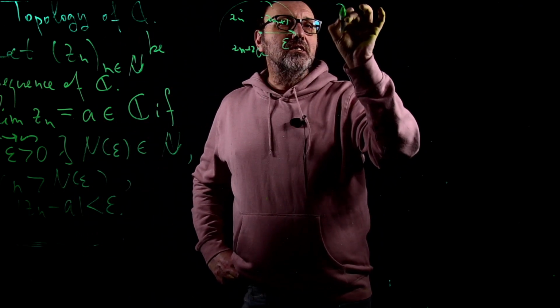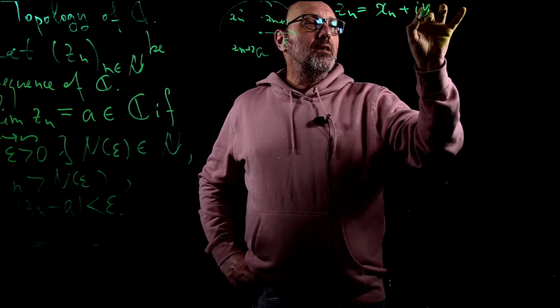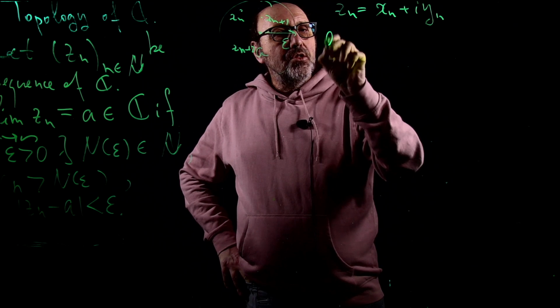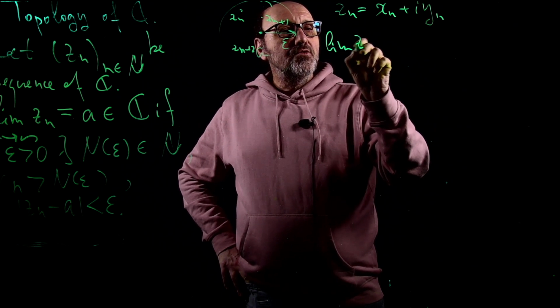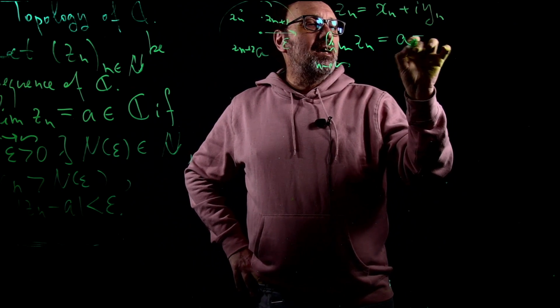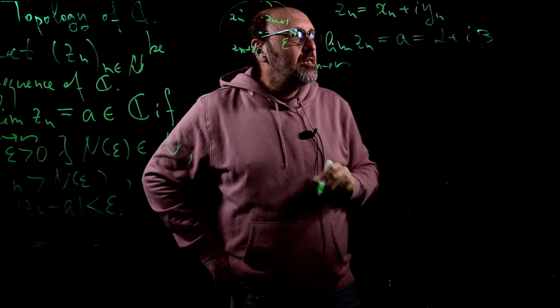If you write Zn in its algebraic form, then it's obvious from this definition that the limit of Zn is equal to A. Let me write A in the form alpha plus i beta in its algebraic form.